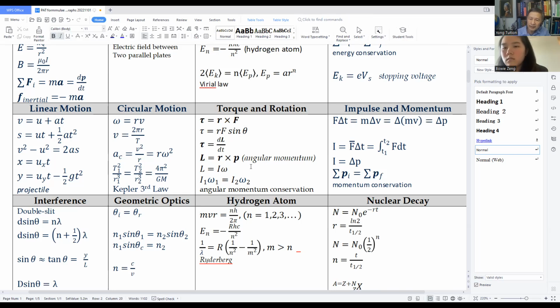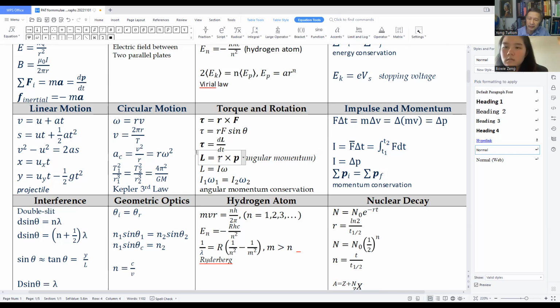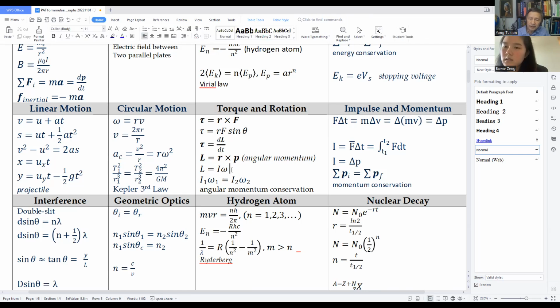They also mention something called angular momentum. This is something new for you, but don't worry. The angular momentum is just the cross product of the radius and the momentum. And in one paper they use this so-called angular momentum conservation. But if they ask this question, just follow their instruction.